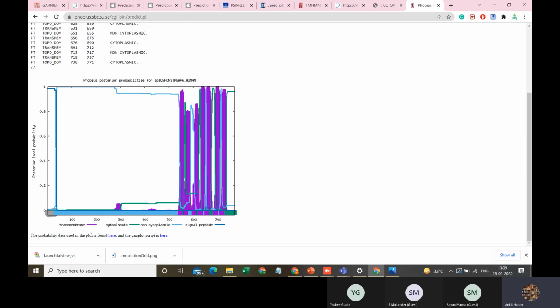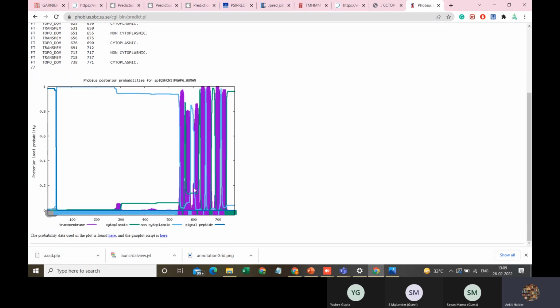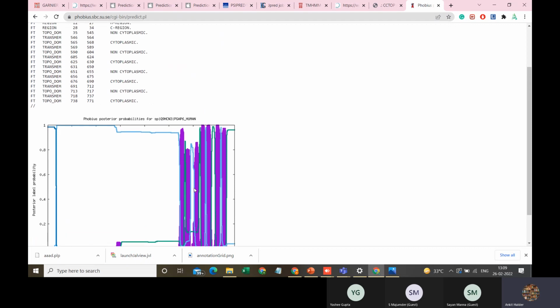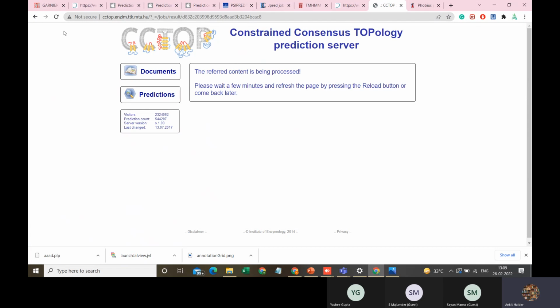You can also find the probability data and download it here. You can find which regions are cytoplasmic and which are non-cytoplasmic, along with the results.